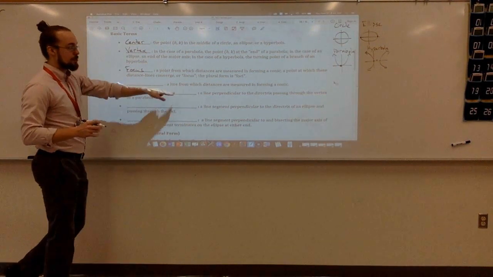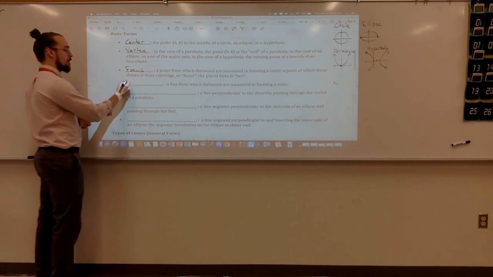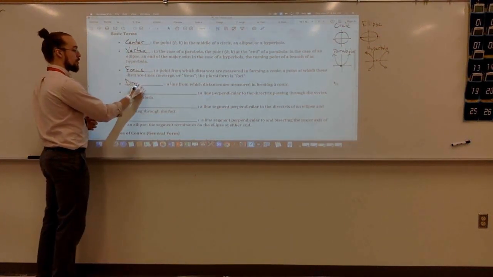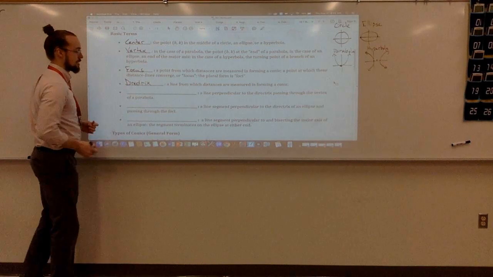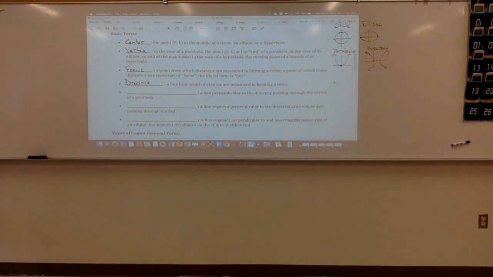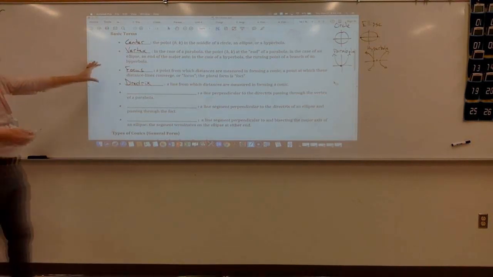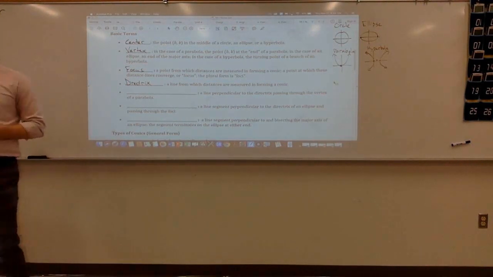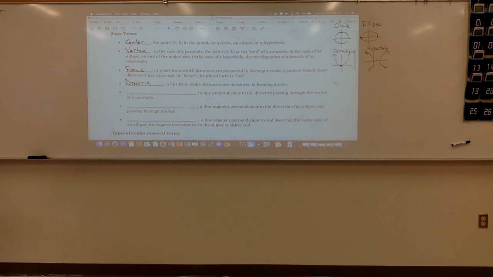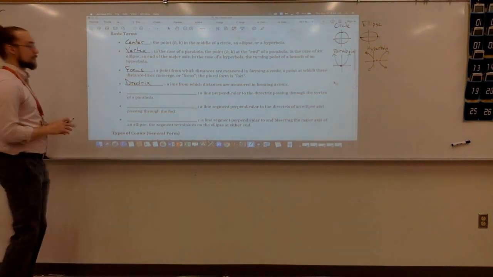A line from which distances are measured in forming a conic, we call this the directrix. And again, we'll talk about each of these when we go through each of these conics individually.